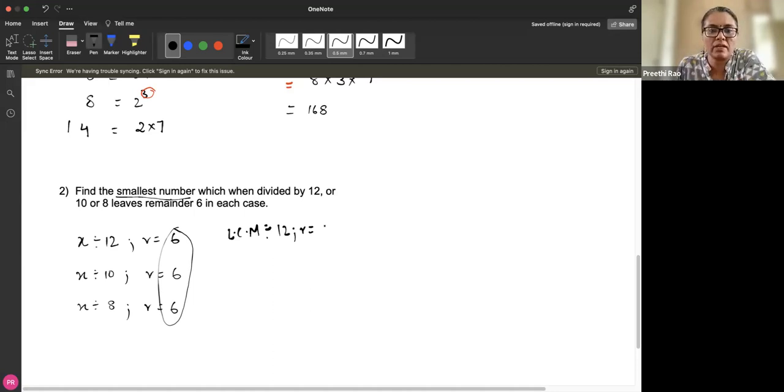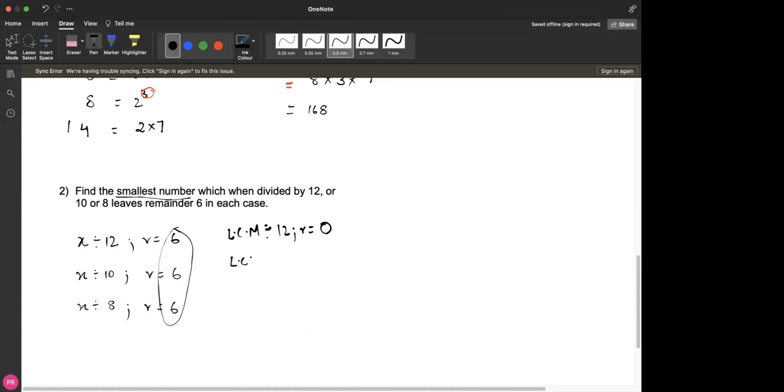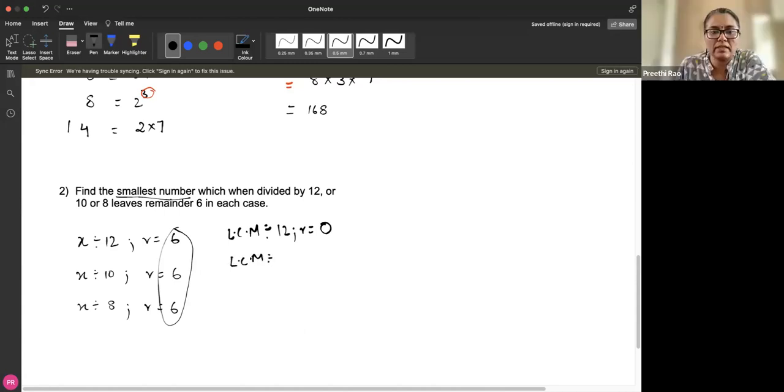It's a multiple of 12, isn't it? So the remainder will be 0, because it is a multiple.